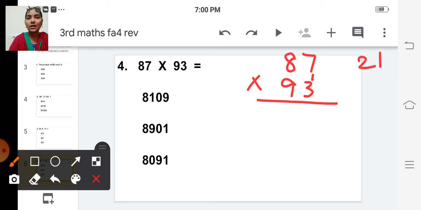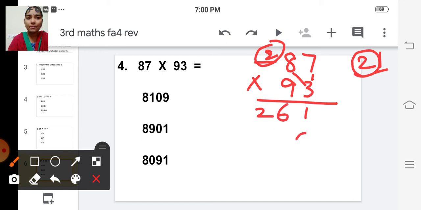Write the ones digit 1 here and carry over 2 to the next place. Now multiply 3 into 8: 3 eights are 24, and 24 plus 2 is 26. So write 26, and we put 0 in the ones place.